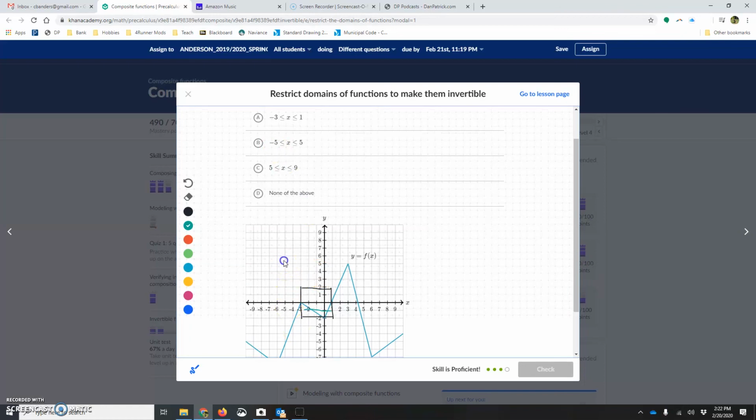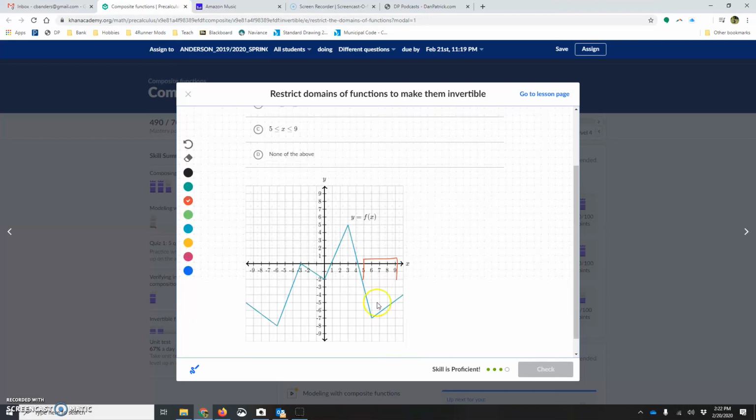Negative 5 to 5. Well, if this smaller one failed, the bigger one's going to fail. So that's not the answer. 5 to 9. Okay, so I'm going to do a different color. Actually, let's erase everything. So 5 is here. And then 9 goes to here.